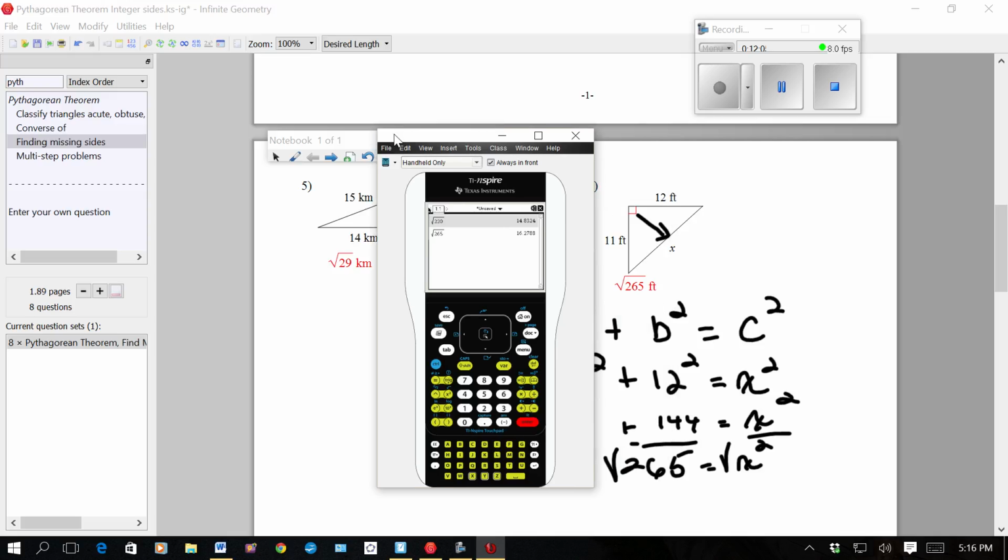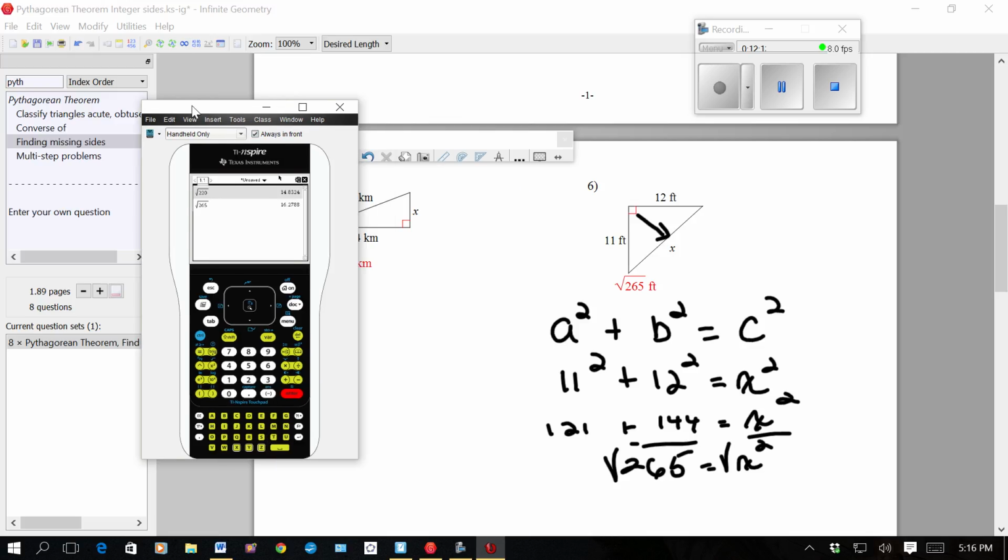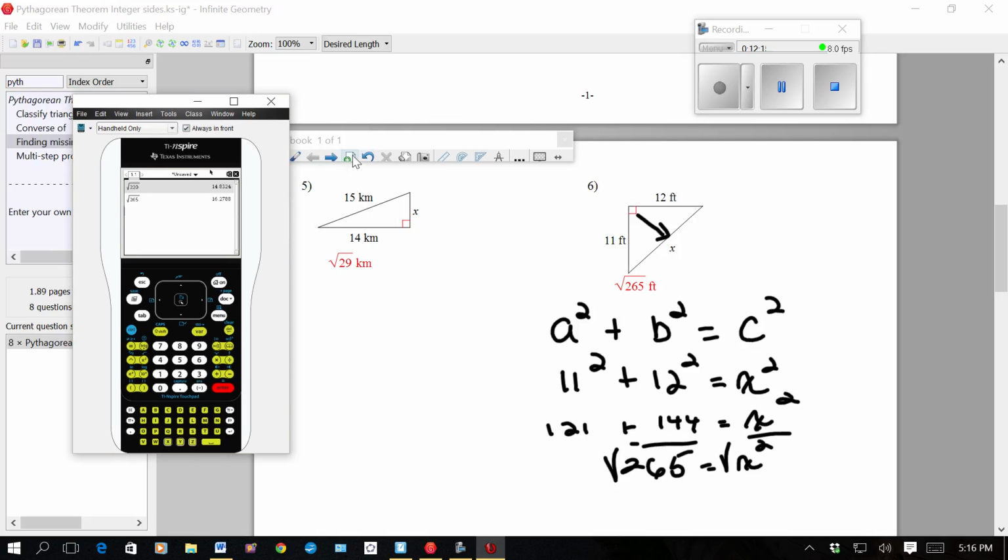It's not an exact answer, but it's a very good approximation. Then I write the missing side, x. Since it's not exactly equal, I say it's approximately equal to 16.2788.